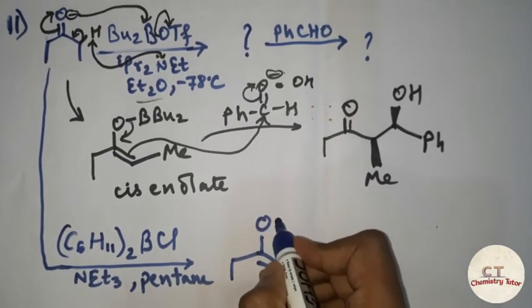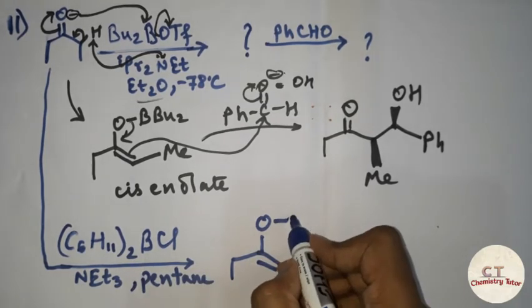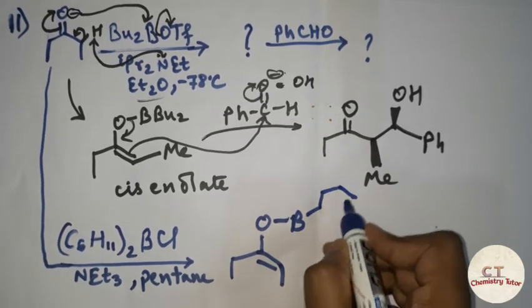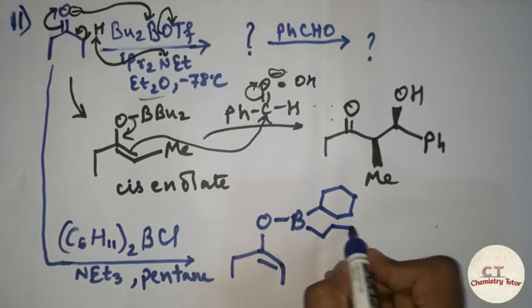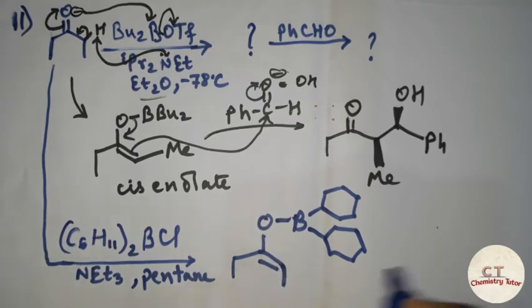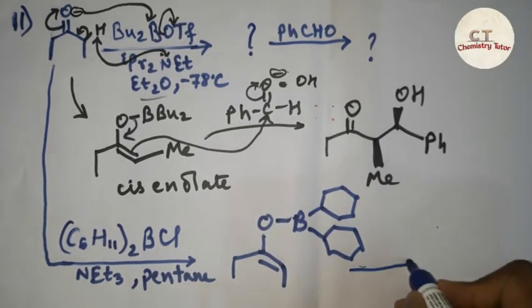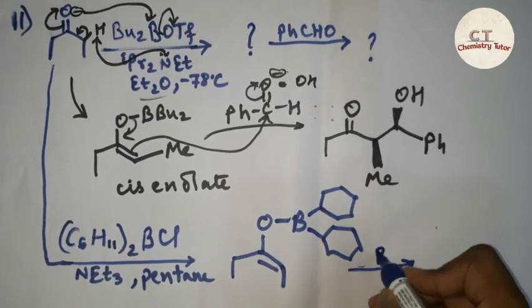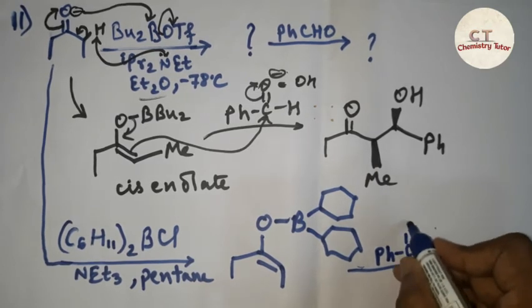Okay, why trans? Because it is very bulky. Boron is attached to two cyclohexyl groups, so enolate formation at the cis position is very difficult, so it forms a trans-enolate. So as a result, the final product will be what we get when reacting with aldehyde.